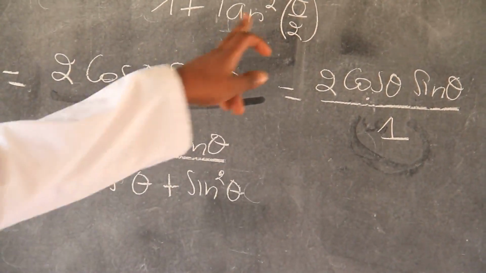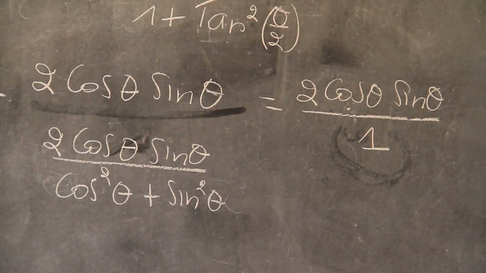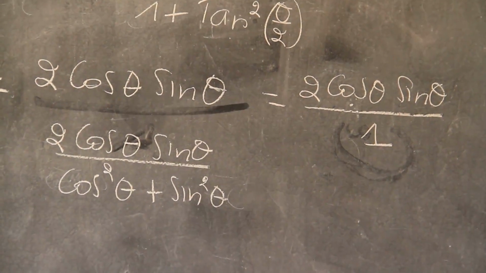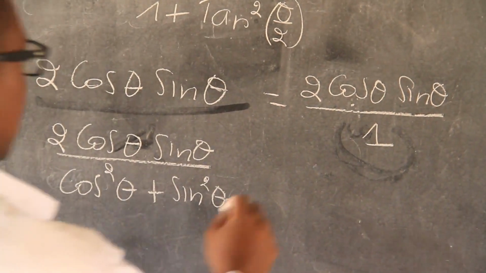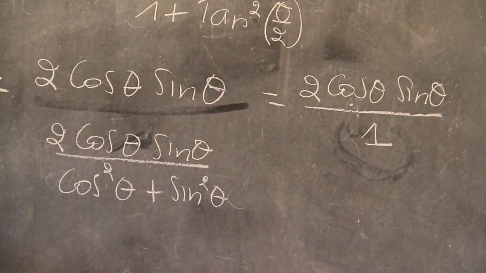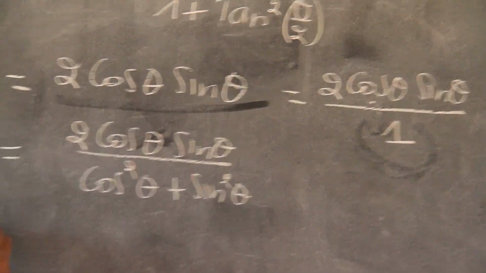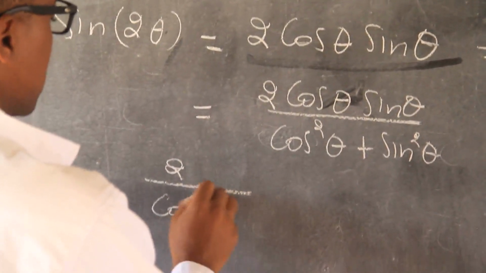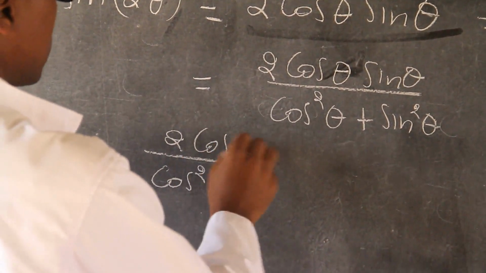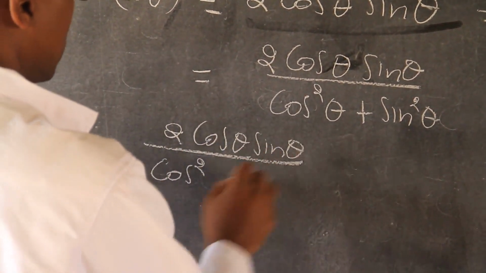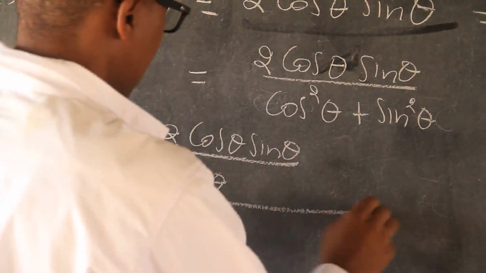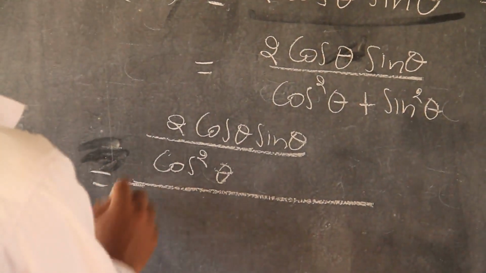Because I see something square here, I'm going to divide each term by cos square. It is 2 over cos square over, I divide each term by cos.